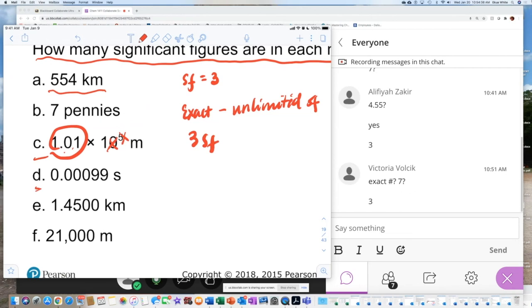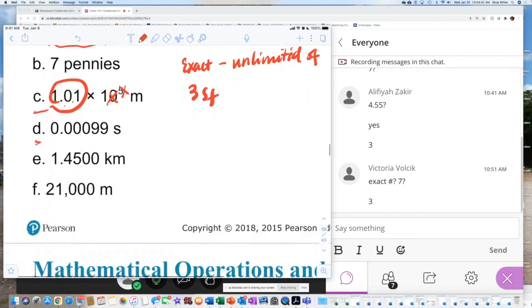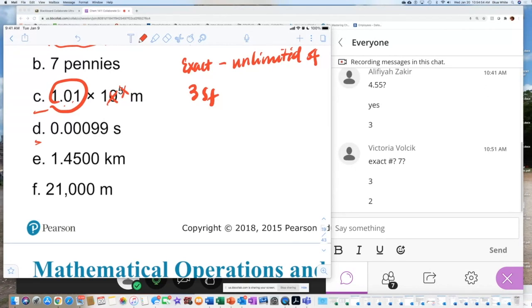So what do you say about time? These are all leading zeros. This is telling you very, very little time. So this counts as 2 significant figures, right?